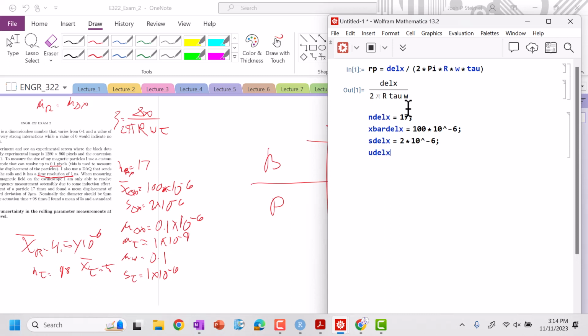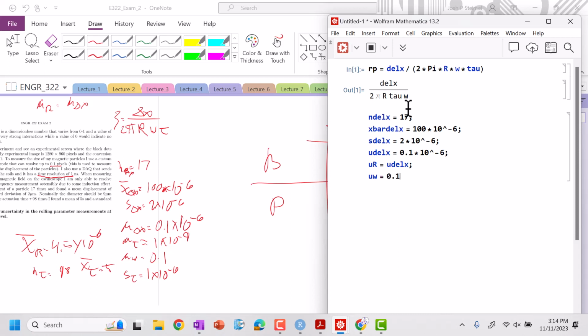My uncertainty in del x is equal to 0.1 times 10 to the minus 6, which is equal to the uncertainty in r, which is equal to u del x, because I'm basically measuring the radius of those particles on my screen. So we have to measure that as well.